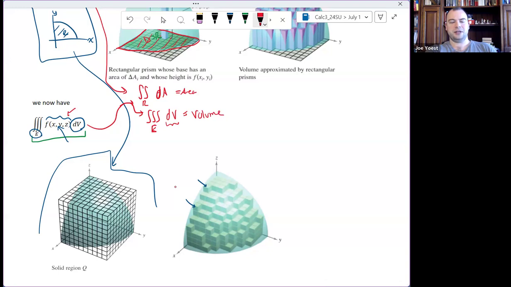So if I take the double integral of 1 dA, that gives me an area, because I'm adding up increments of area to get a total area. And if I take the triple integral of 1 dV, I'm adding up increments of volume to give me a total volume. So I don't know if that answers your question or not.